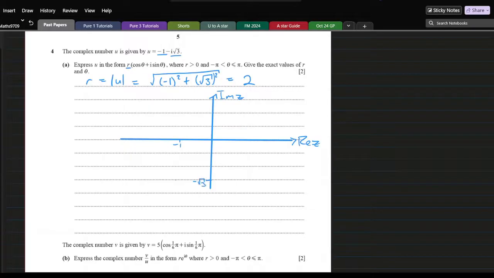So our complex number would be at this point here, and we need to find the argument of our complex number.